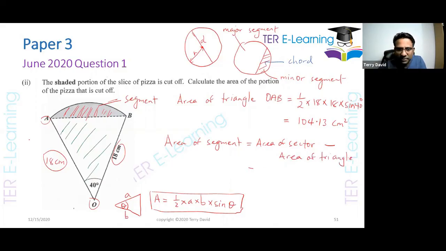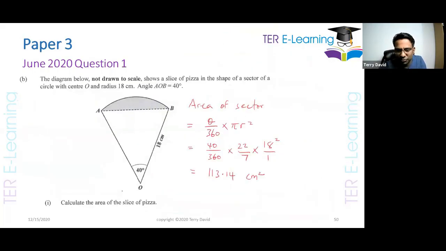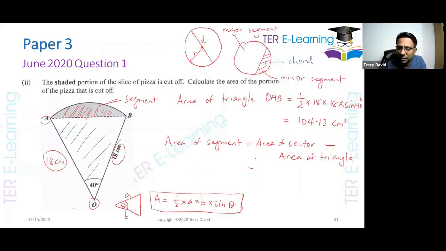So the area of the sector, we know that is 113.14. Subtract the area of the triangle, which is 104.13. That's going to give us 113.14 minus 104.13. And what I'm going to get is 9.01 centimeters squared.